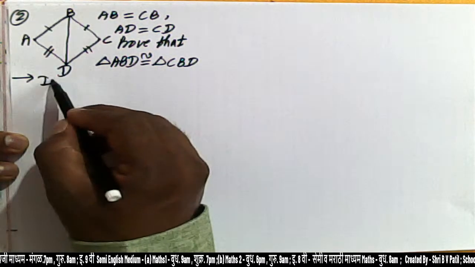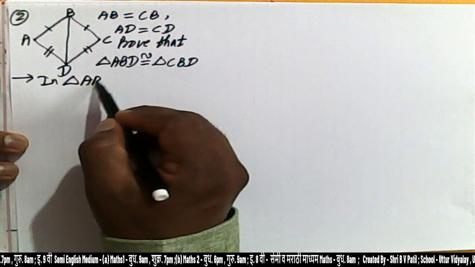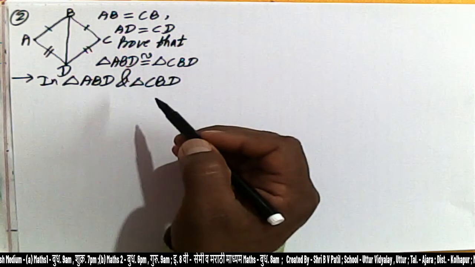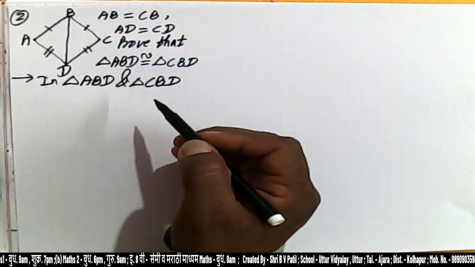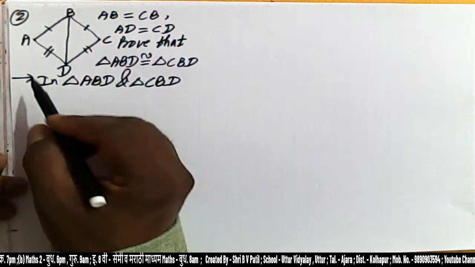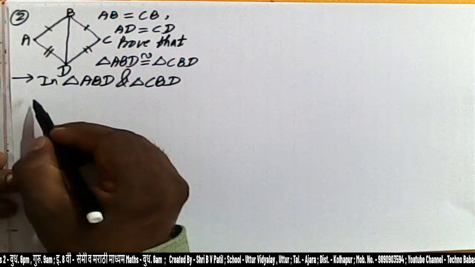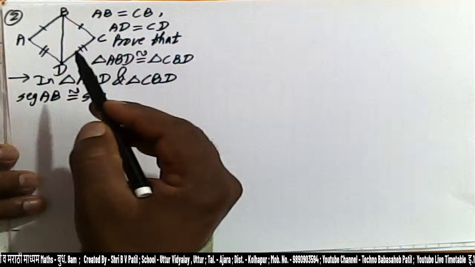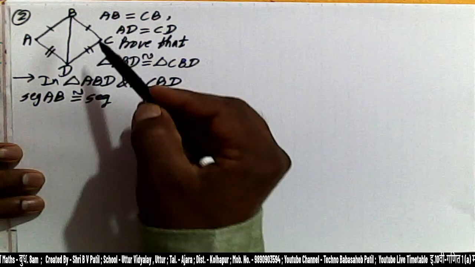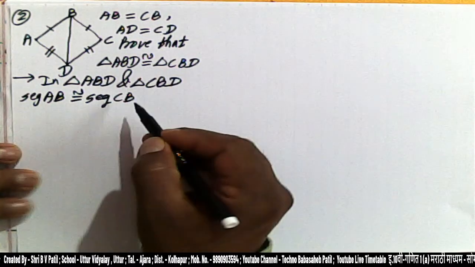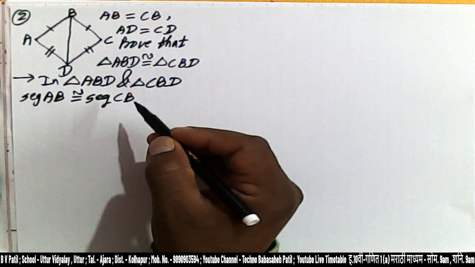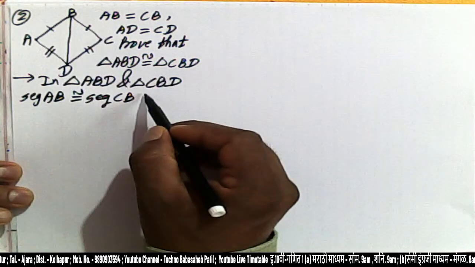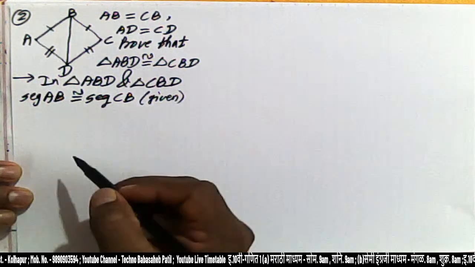Then in triangle ABD and another triangle CBD. First condition: segment AB congruent segment CB, and the reason is this is given.